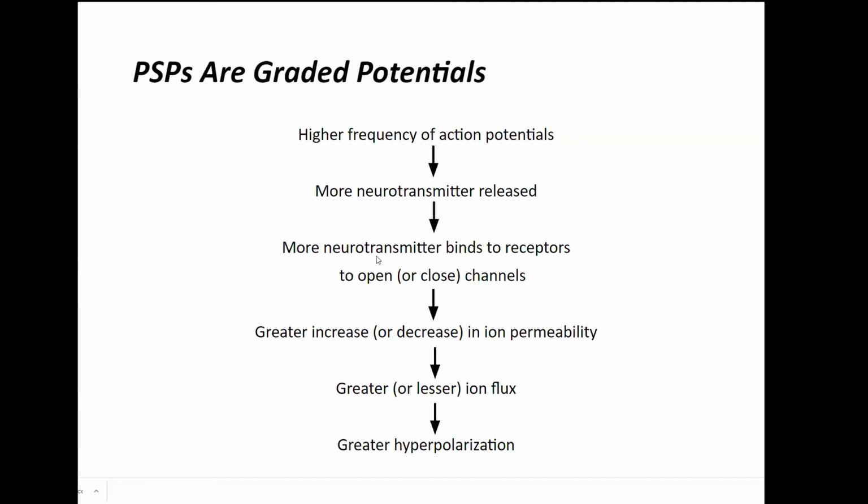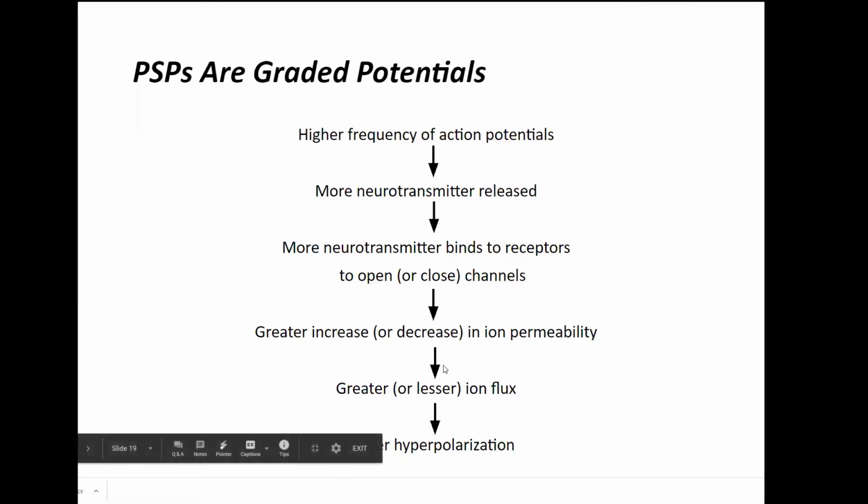So when we have more neurotransmitter binding to receptors, depending on whether we're talking about an excitatory or an inhibitory synapse, we're either going to open or close channels, which is going to increase or decrease ion permeability, which will lead to greater or lesser ion flux.